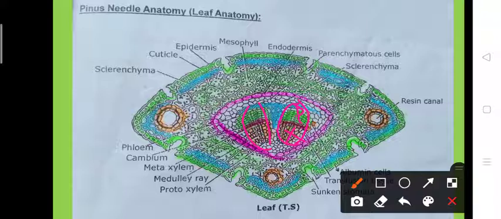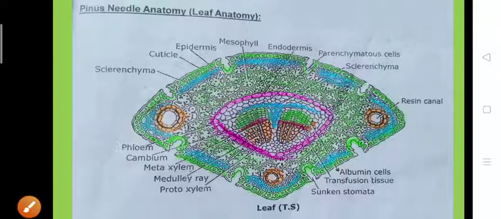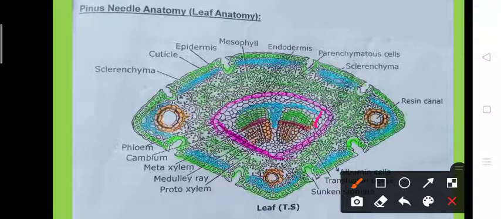Parenchyma cells which are present near the sieve tubes with starch and resin, that is turpentine, are called albuminous cells. These are the albuminous cells.